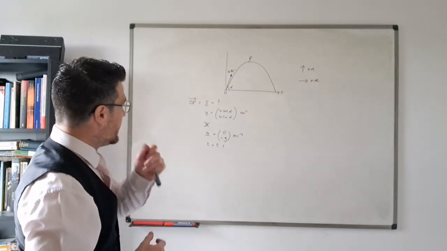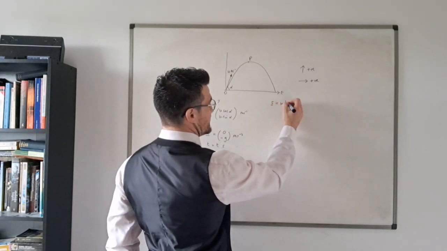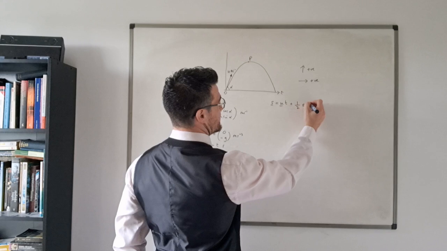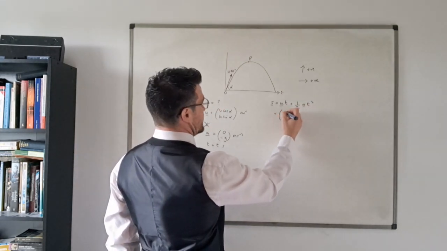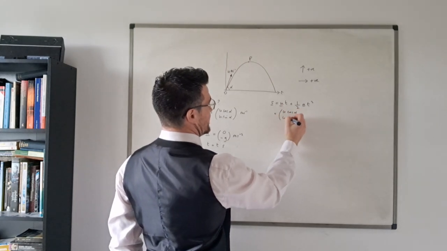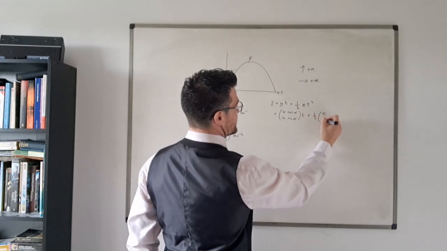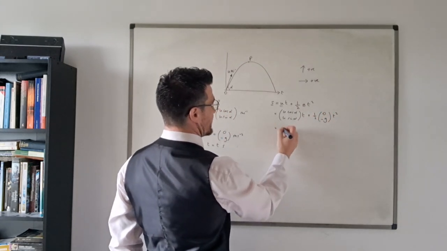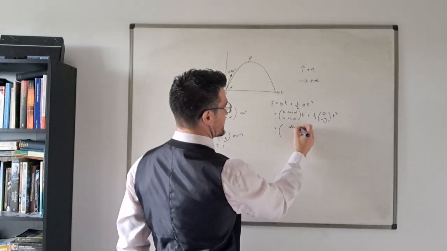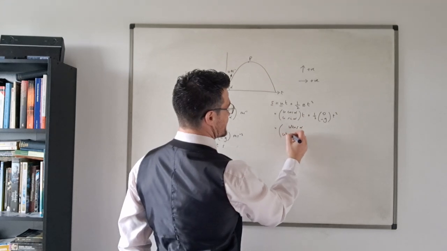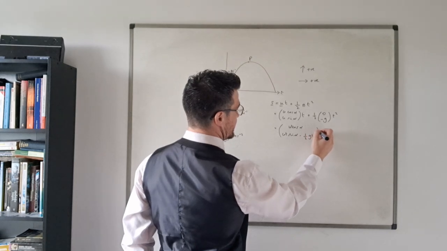Right, so the SUVAT equation that I'm going to use is obviously going to be s equals ut plus half at squared, which is u cos alpha, u sine alpha times t plus a half 0, minus g, t squared, which I can group all together into ut cos alpha and ut sine alpha minus a half g t squared.